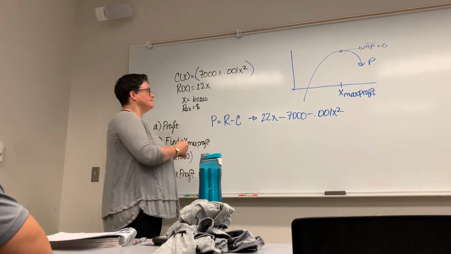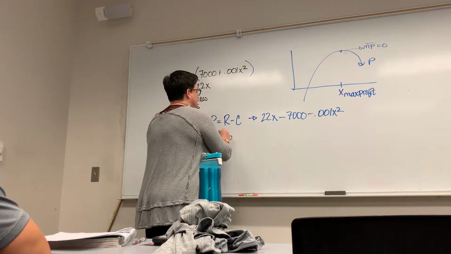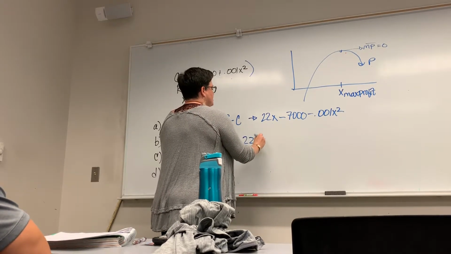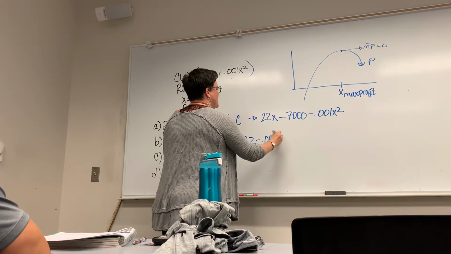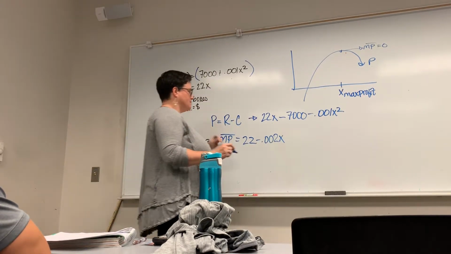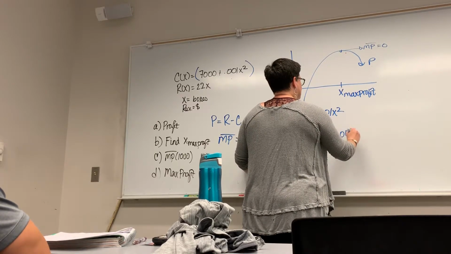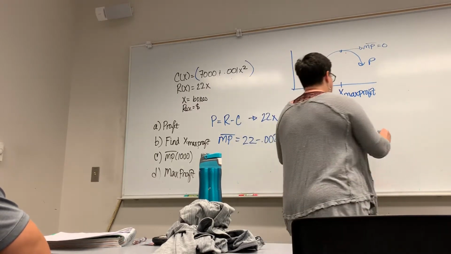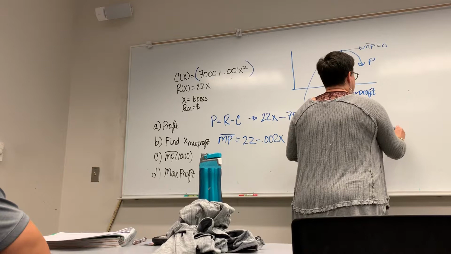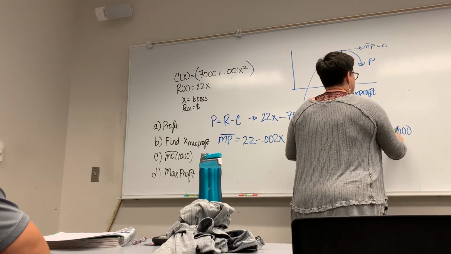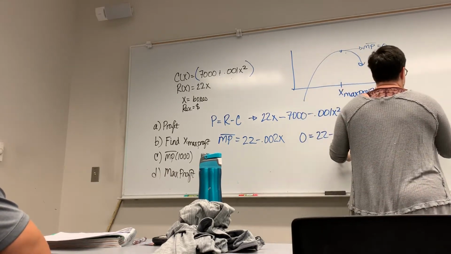So X max profit, marginal profit is 22 minus 0.002X. Set it equal to 0. X is going to be 11,000 units. And in this case, it's boxes of snacks.